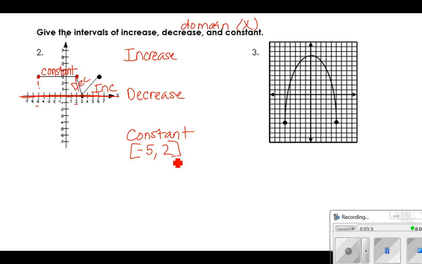Then it goes to decrease, and it starts with the 2 and goes to the 3 on the x-axis. Then it finally increases, picking up with the 3 again, and going up to the 6. And that would be your answer for number 2.